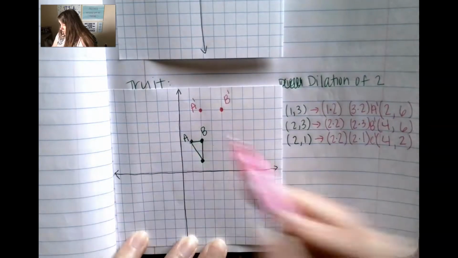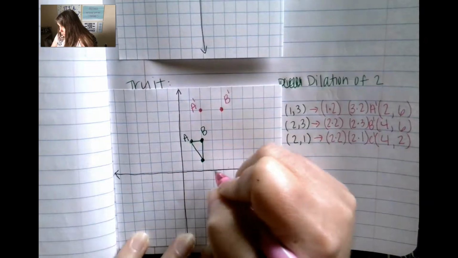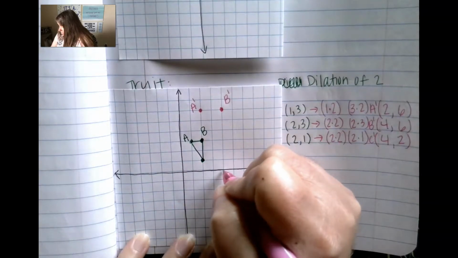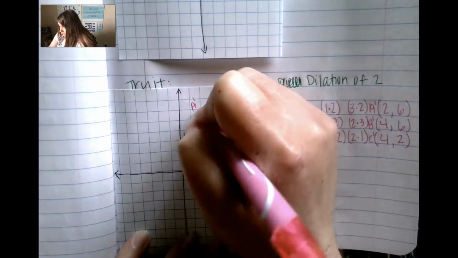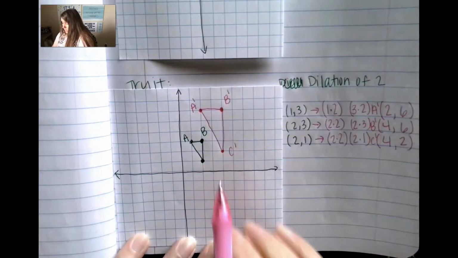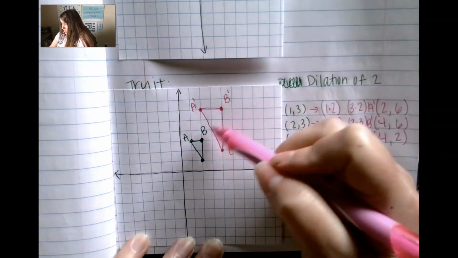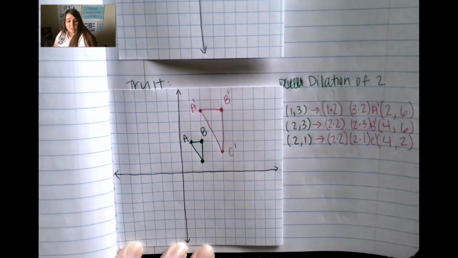I'm looking the same. I'm looking congruent. 4, 2 over 1, 2, 3, 4, up 1, 2. I'm going to connect my dots. And I have a congruent triangle. All my center points line up. Everything matches. It's just enlarged.